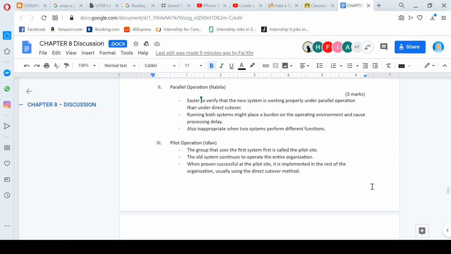So dengan itu dia guna direct cutover method. Bukan transfer, dia implement terus sistem baru tu. So dengan tu dia tinggalkan old system tu. Alright. Okay, saya tambah nanti. Alright, thank you Idlan. Sama-sama sir.